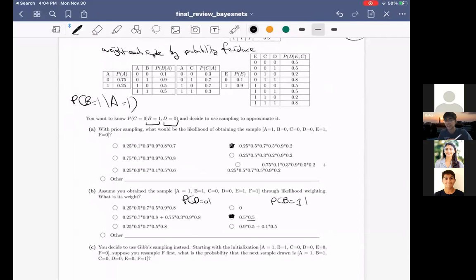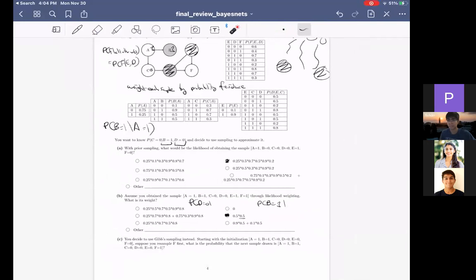We multiply those together. Those are both the probabilities of the evidence. What part are you confused about? Oh, so we did do that calculation and it yielded 0.5, which is why we just picked 0.5 times 0.5. Yeah, so this probability is 0.5 and this probability is 0.5. And it's not really a calculation, we just look in the table. Oh, okay, got it.